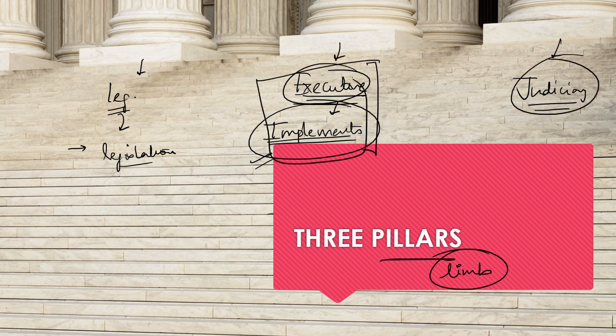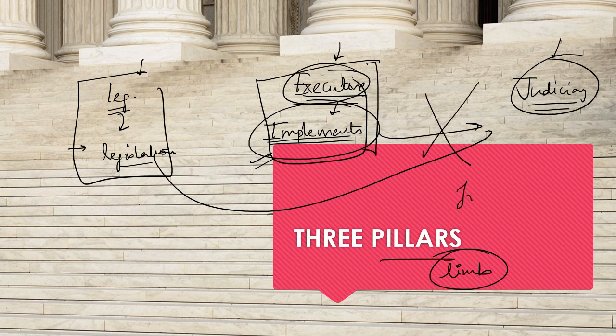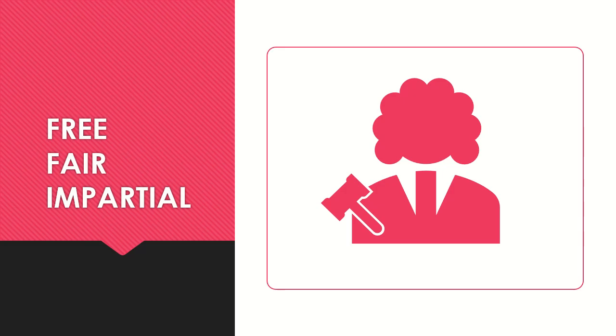Now, when you say independence of the judiciary, what that means is that these two pillars should not influence the judiciary. It's a very important point. These three pillars have to be independent. This is what is required so that you can have a free, fair, and impartial trial. Let us say the judiciary were influenced by the legislature, or if it were influenced by the executive.